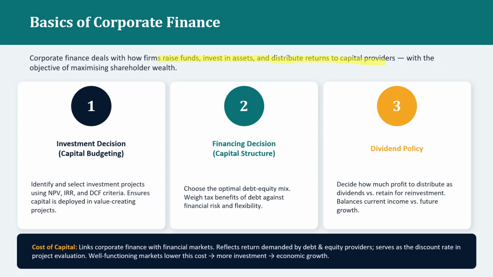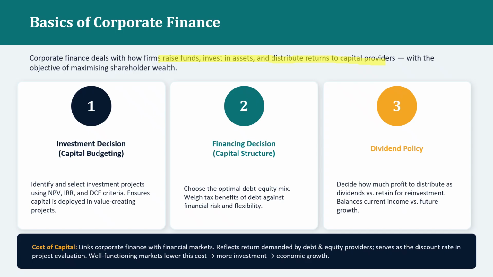Similarly, equity does not require fixed payments but may be more expensive in terms of required return. The firm aims to choose an appropriate debt and equity mix that balances the risk, return, and flexibility.